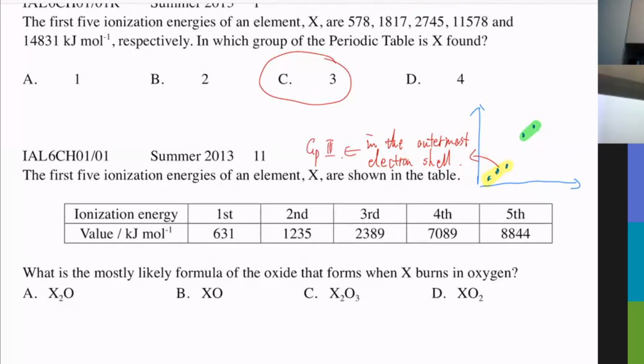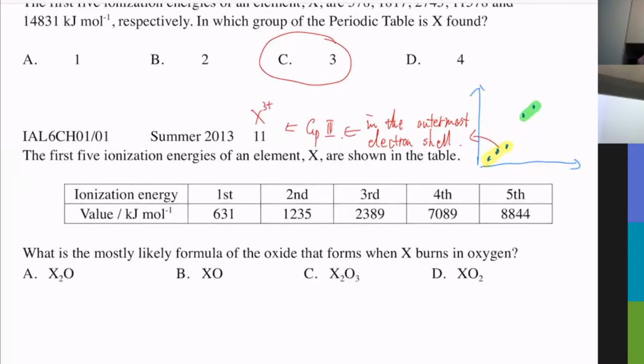When group 3 elements become ions, for example aluminium, if element X is aluminium, when it becomes an ion, it should be X3 plus. Now when we have a compound formed between X3 plus and O2 minus, what's going to be the formula? So the correct answer should be C.